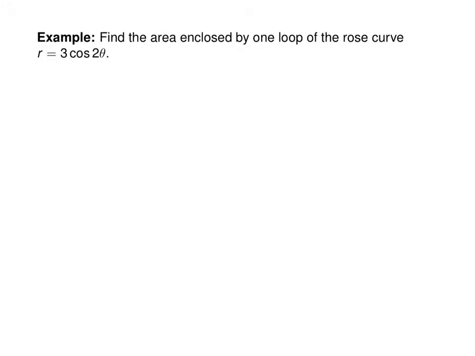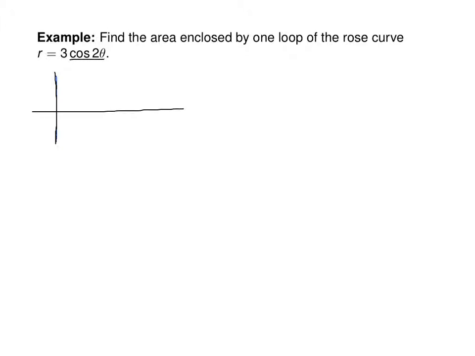So let's find the area enclosed by one loop of the rose curve r equals 3 cosine of 2 theta. What we're going to have to do first is graph this rose loop, and since I know this is hard, let's go over it in detail.